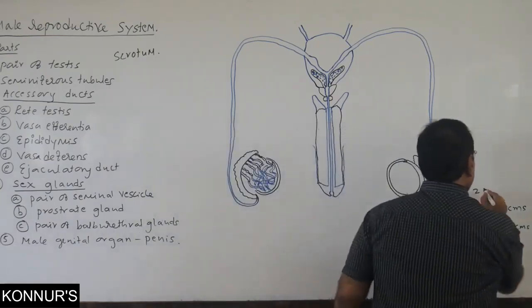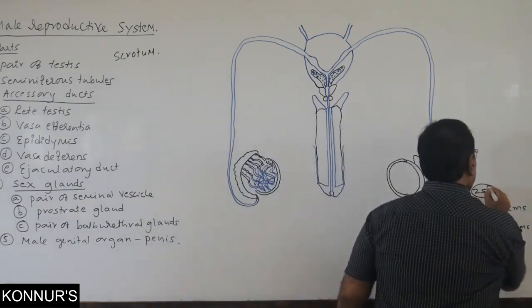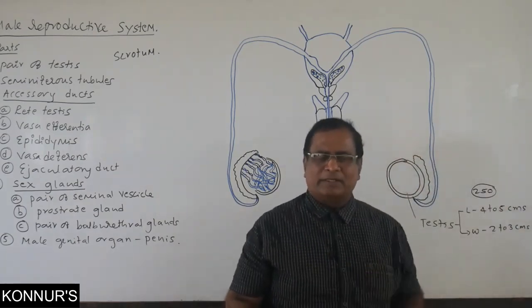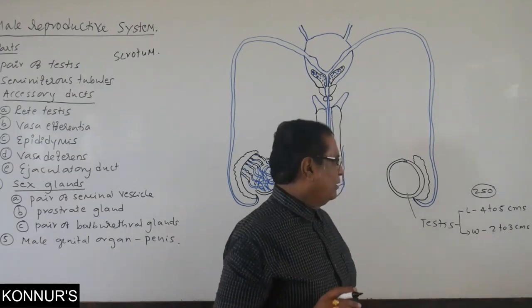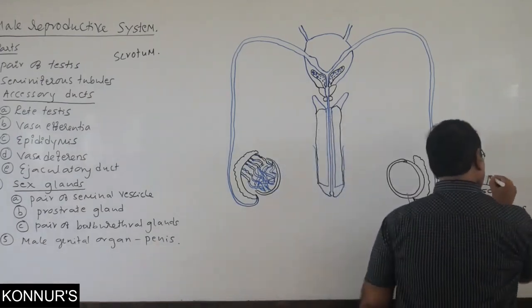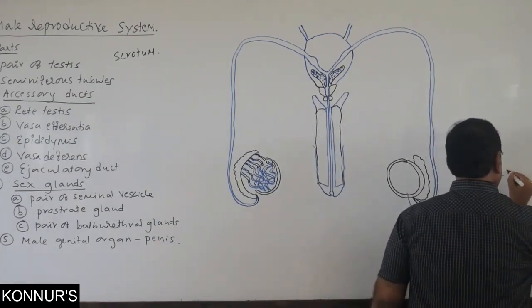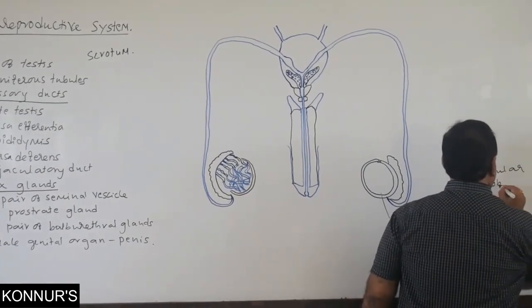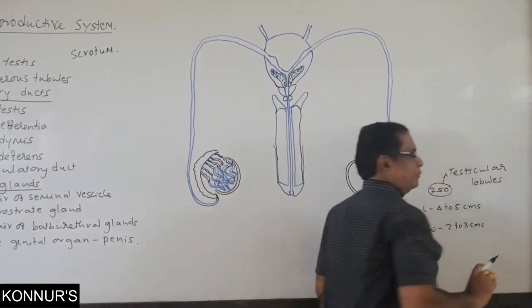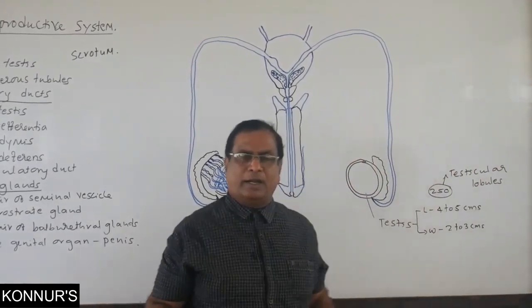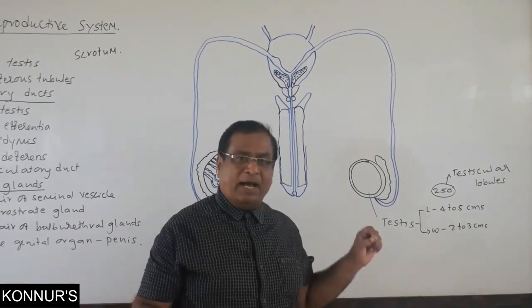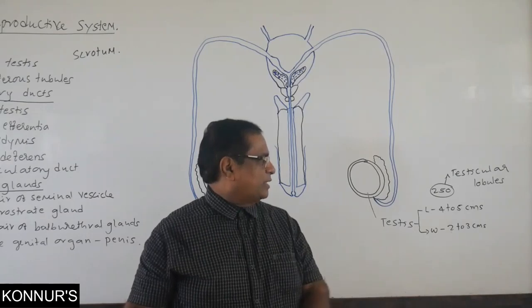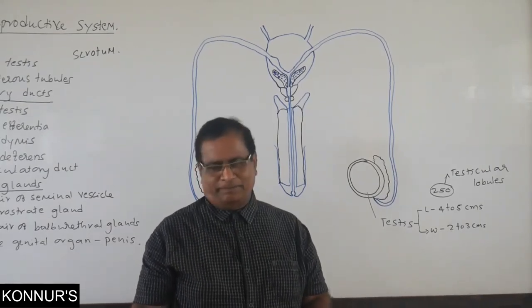In each testis there are around 250 compartments, named testicular lobules.